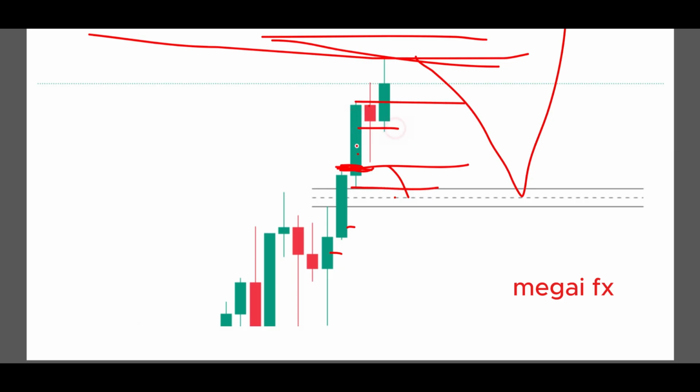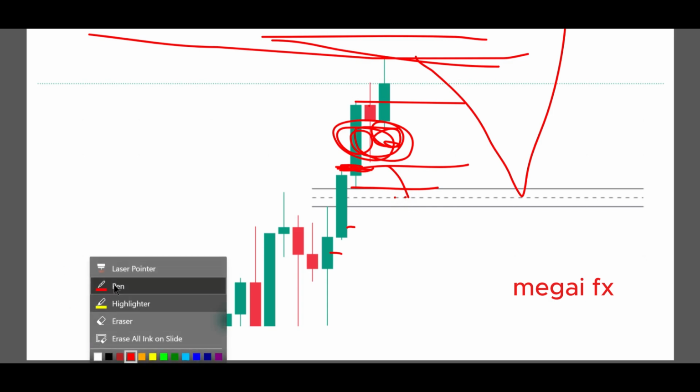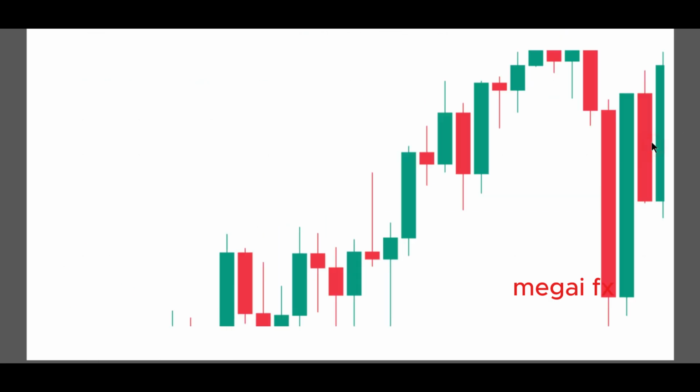Any fair value gap you see within this area is where you take the trade, not this fair value gap. You understand?